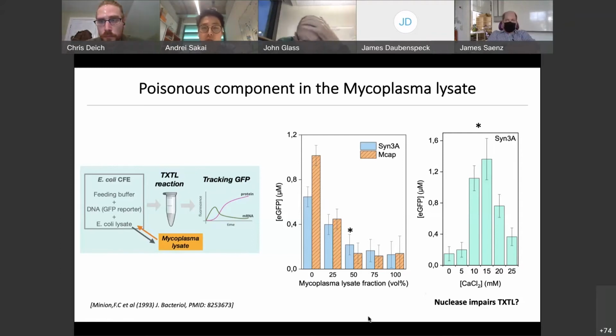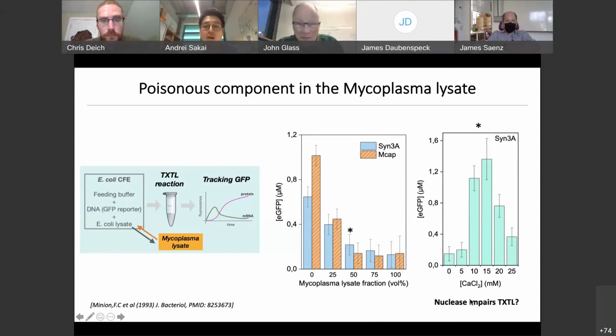And we know from literature data that mycoplasmas are obligate parasites, and they need to scavenge nutrients from the external environment. This includes also nucleic acid. So one of the hypotheses that we had in the beginning is that probably nucleases are involved as a poisonous component in this mycoplasma lysate.